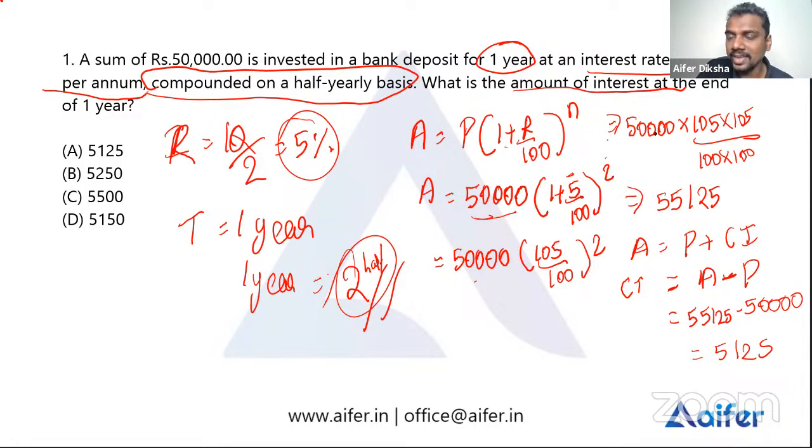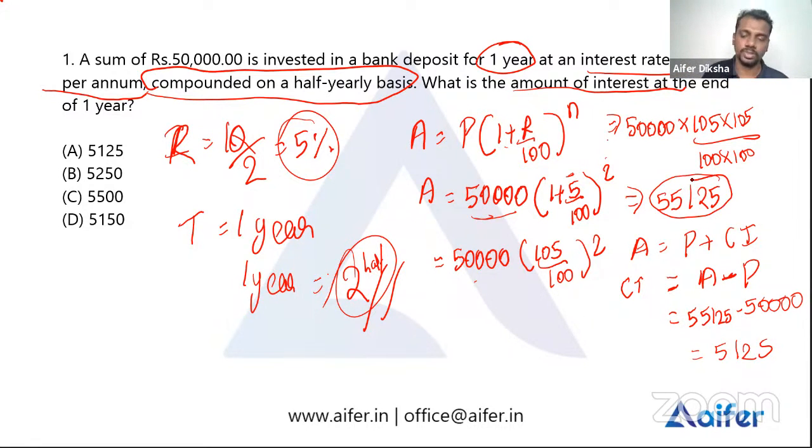So we are simplifying it: 50,000 into 105 into 105 by 100 into 100, zeros cancel. 5 into 105 into 105 will give us 55,125. So this is the amount.